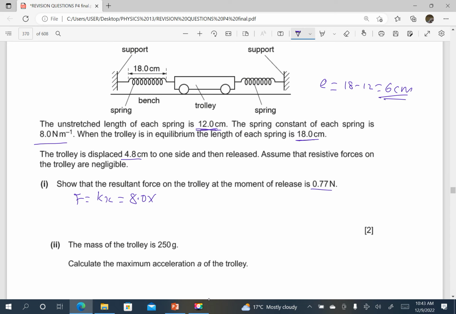So if I consider the spring which has been compressed, the effective extension of this spring is going to be 6 centimeters minus 4.8 centimeters, times 10 power negative 2. So that is the extension beyond the point where the trolley is displaced 4.8 centimeters to one side and then released. If it is displaced to one side and then released, it means the extension on the other side is going to be 6 minus 4.8. So what is that force?